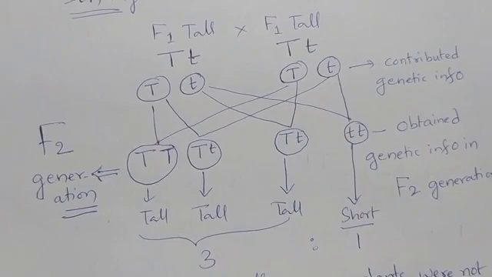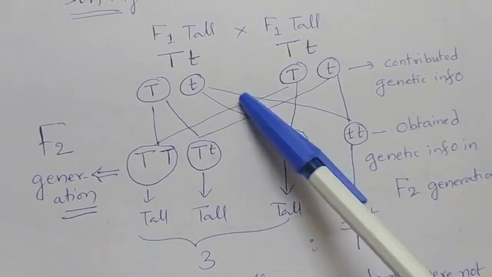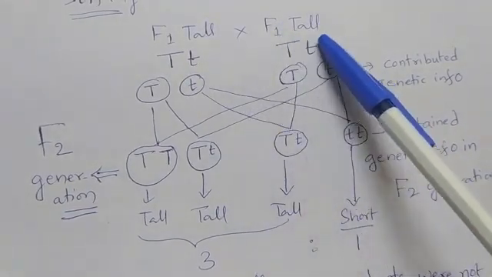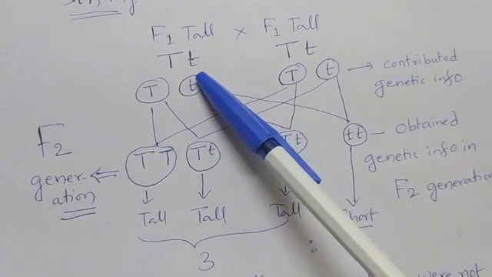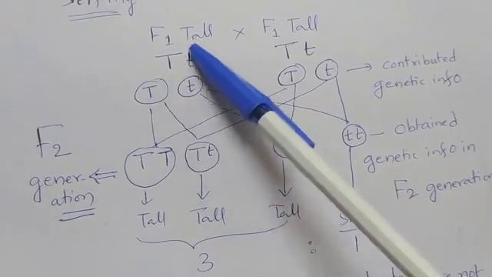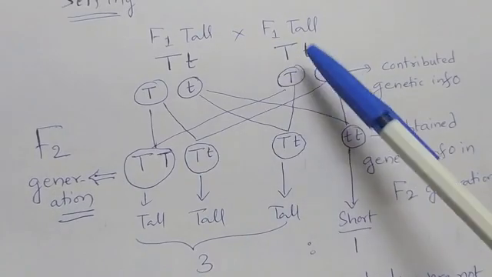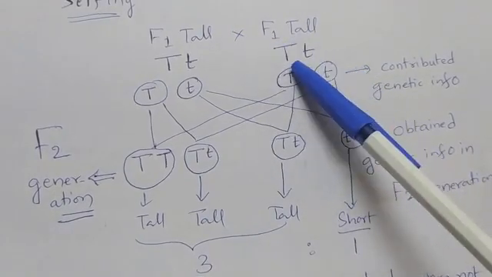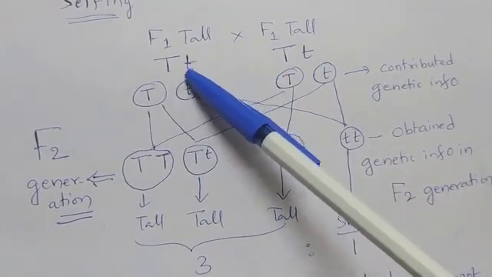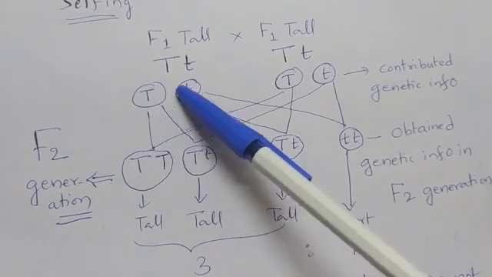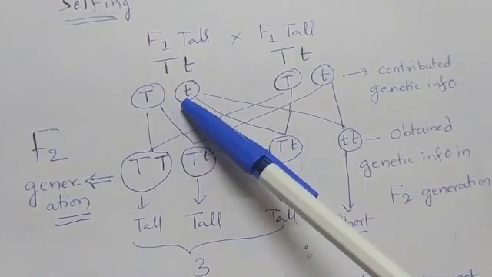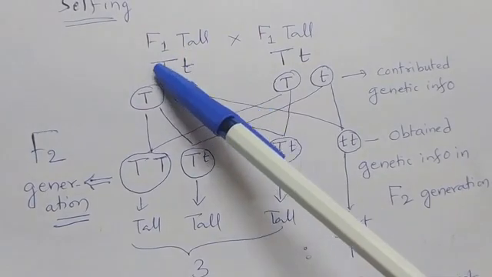See, this is the clear picture of this F1 tall versus F1 tall crossing. So what genetic information does F1 tall have? Capital T, small t. Another F1 tall also has capital T, small t. If both of them were capital T, then only one capital T would be the half genetic information. But here, one capital T is there, one small t is there.